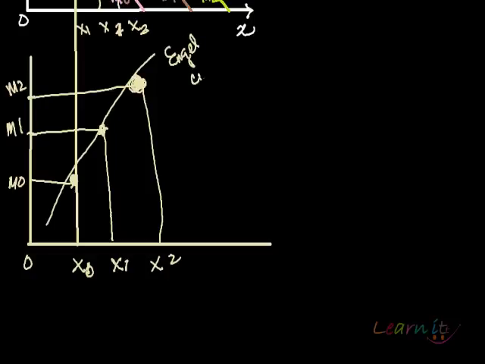These are your Engel curves, which show the relationship between the quantity demanded and the income of the consumer.